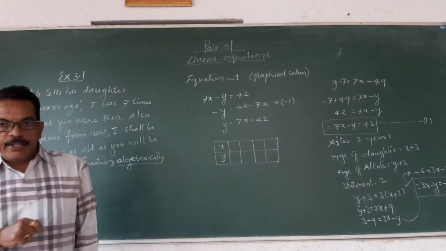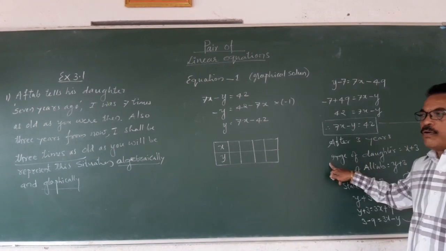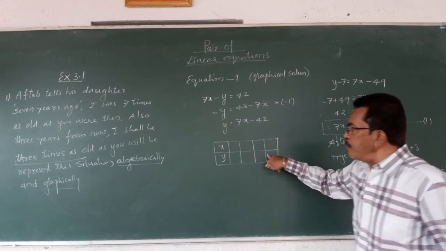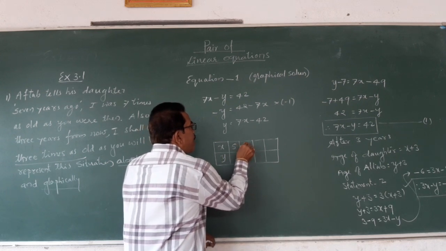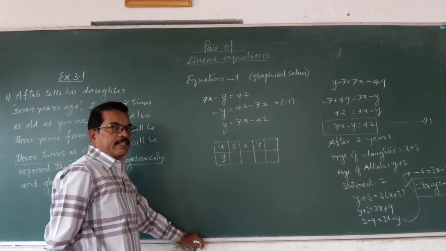See once again how we have solved that one. This one is the equation, this one is the tabulated form. Let us take 5, 6, 7 as x.